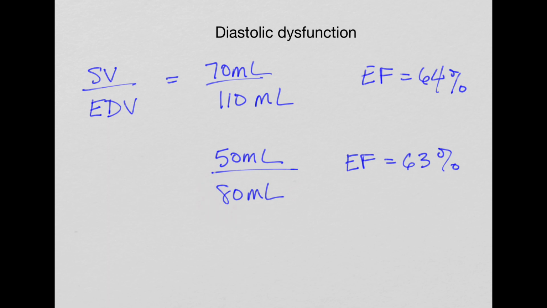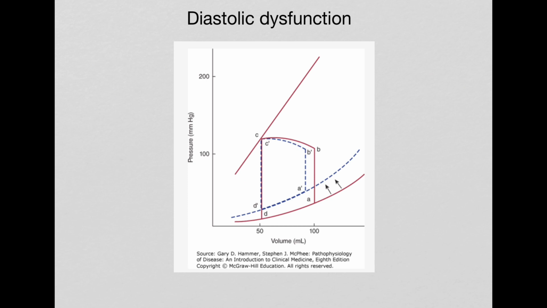Therefore, you're starting at a lower preload or a lower end diastolic volume. So normal contractility, but a lower end diastolic volume right before systole, which gives us an ejection fraction that appears normal, and it is normal. But you can see that your cardiac output will be lower because we have a lower stroke volume. And additionally, the elevated pressures, which we see back here in the left ventricle, create problems, and that's what we're going to be talking about next.